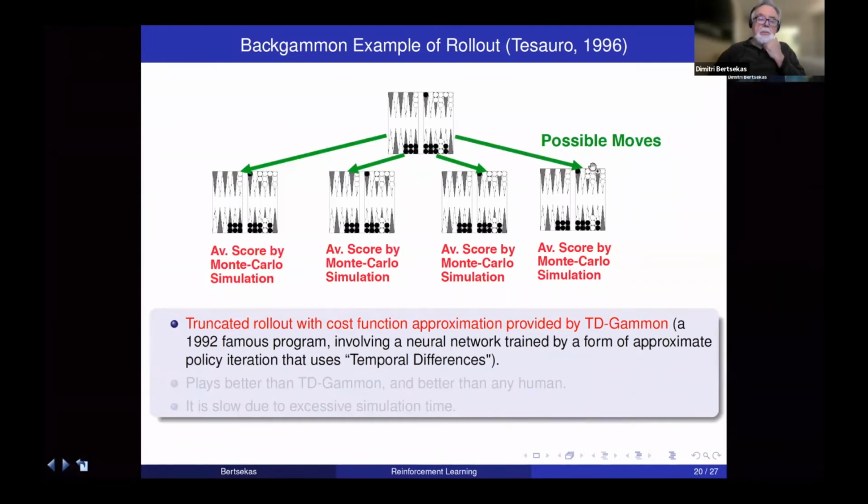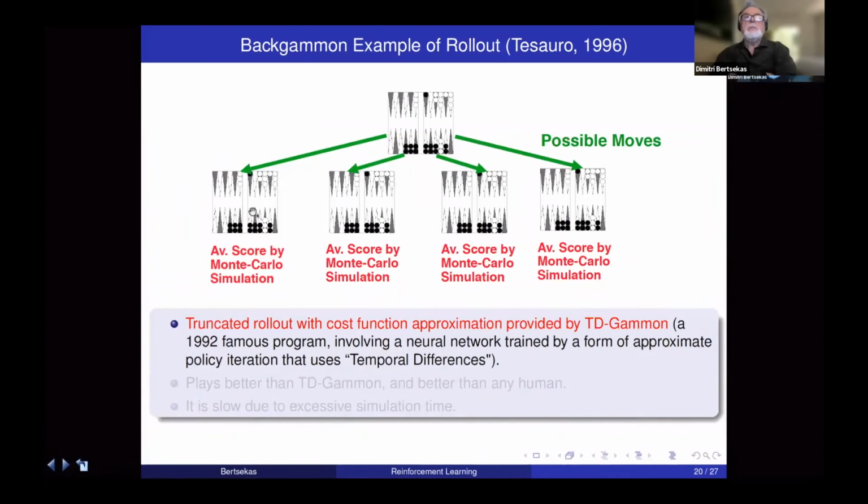And now Tesauro's idea was, from each one of those positions, run Monte Carlo simulation with some backgammon player, roll out the game. That's where the word rollout came from. Roll out the game, but this is a game of chance, so the rolling out had to be done with Monte Carlo simulation. There is a cost of +1 or -1 only at the terminal position when one player wins or loses.